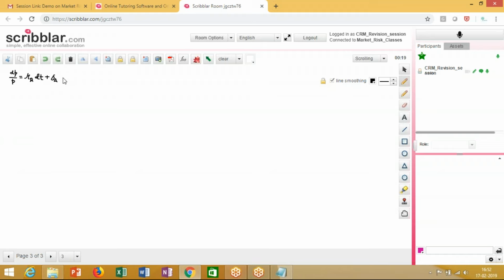So this is the dynamics, or the price path over a period of time, of asset prices.